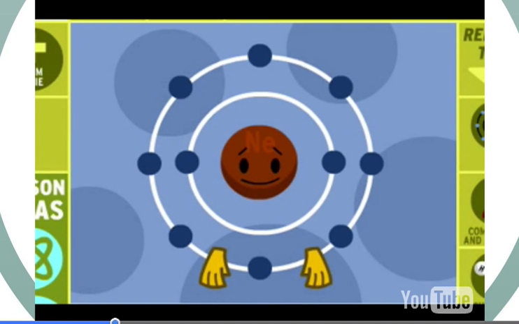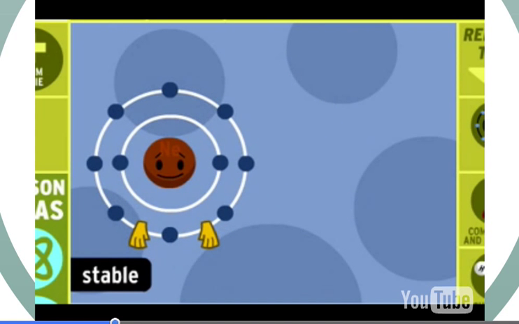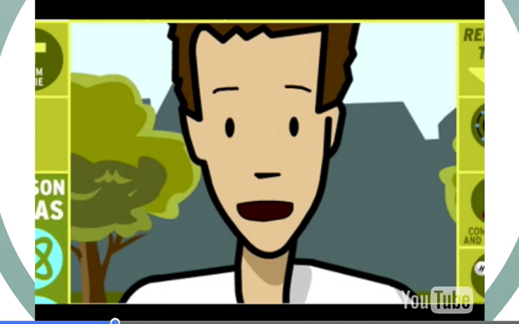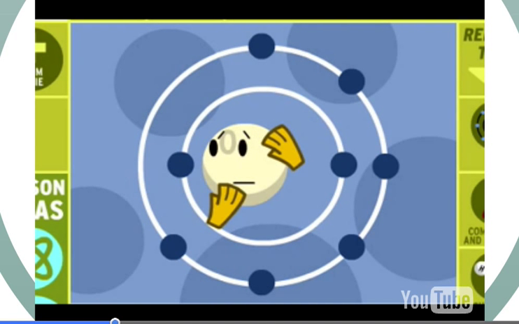Well, when an atom's outermost shell is completely full, the atom is said to be stable. In other words, it generally won't react with other atoms. But when its outermost shell isn't full, an atom is unstable. It'll try to react with other atoms or molecules, so it can have a full outer shell.